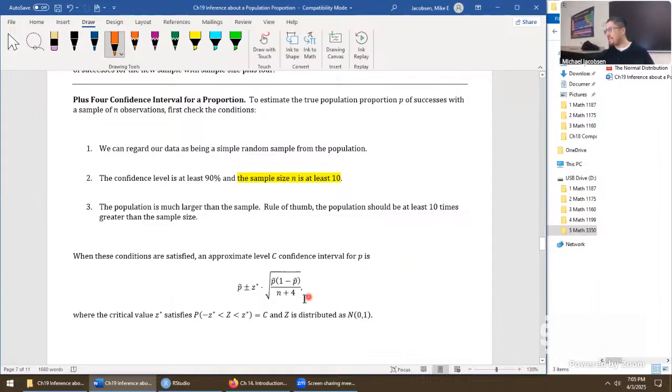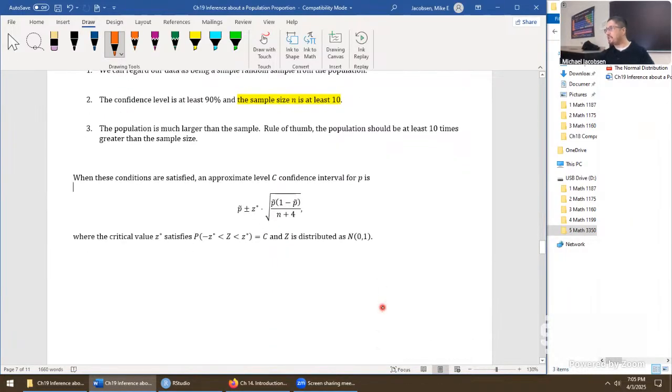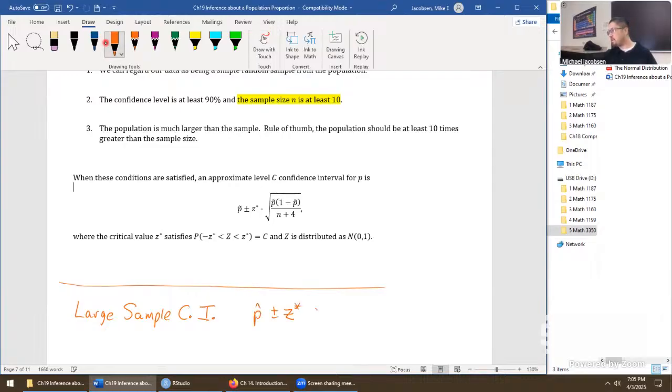But to think about what p tilde is doing, it's a good idea to look into what's going on right here. So the old interval looked like this. The large sample confidence interval has form p hat, add or subtract z star, times standard error of p hat, where the standard error of p hat is the square root of p hat times 1 minus p hat, divided by n.